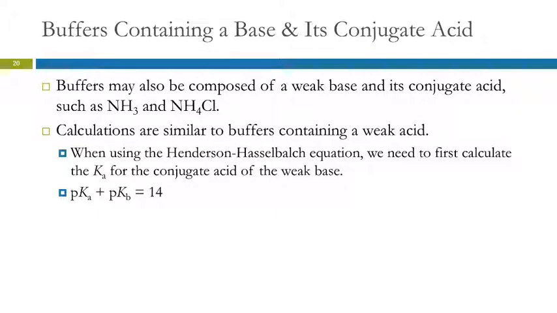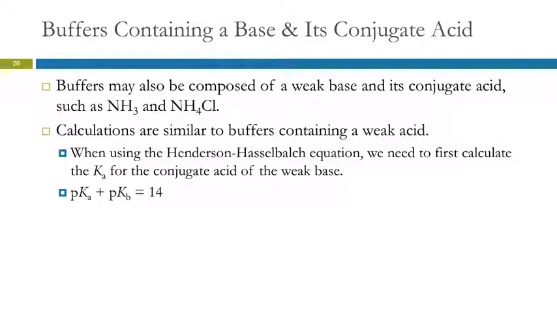So you can also make a buffer by using a weak base and its conjugate acid, something like ammonia and ammonium chloride. The calculations are going to be very similar. But if we want to use the Henderson-Hasselbalch equation, we need to use Ka, not Kb, right?